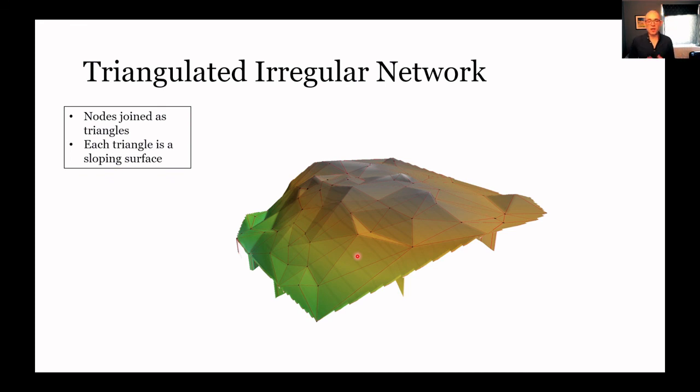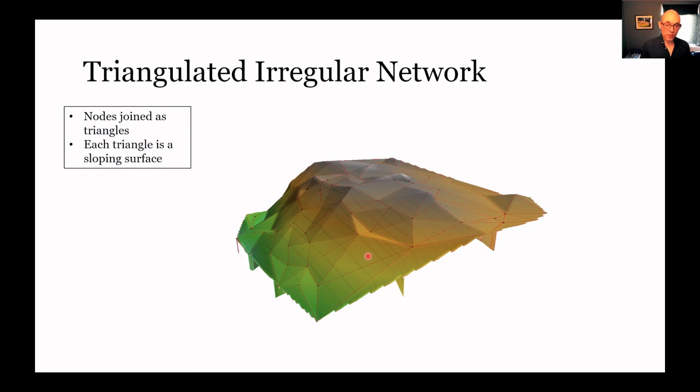And that gives us our continuous surface from a vector that is reasonably efficient to store, because we only need to store the information on that point, that point, that point, that point, and their connections. We don't need to store information about what's existing in between. So it is a very popular format for storing typically elevation data.